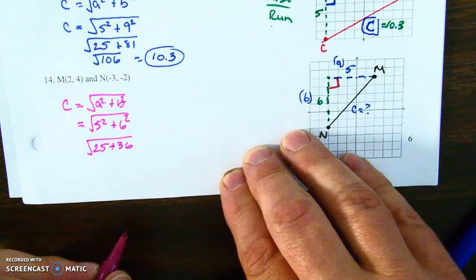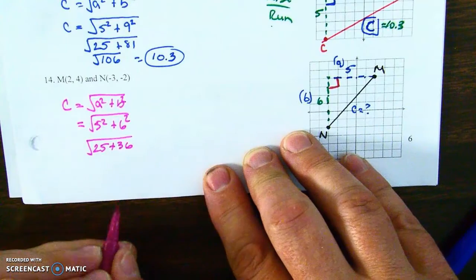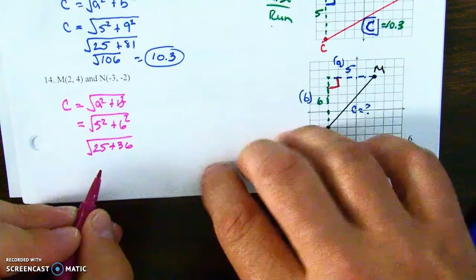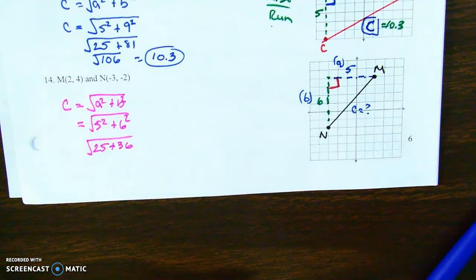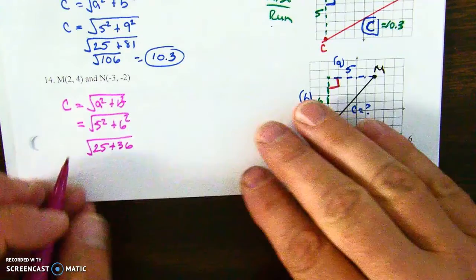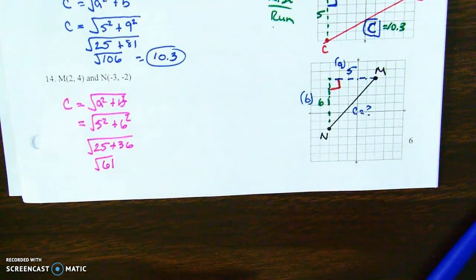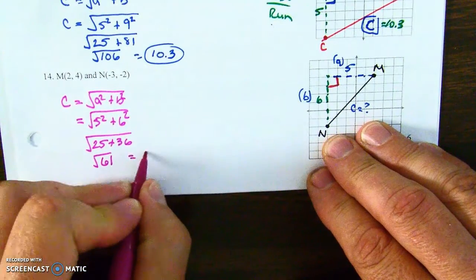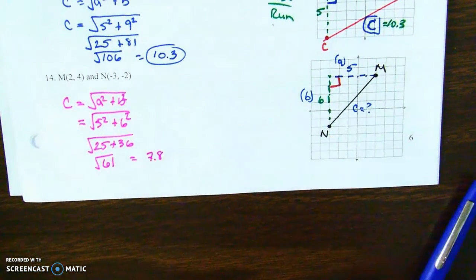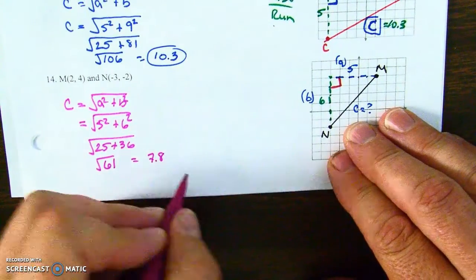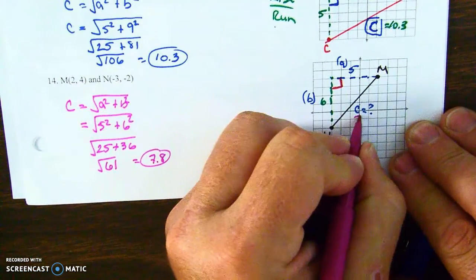And 25 plus 36 is going to give us 60 what? I think it's 61. Is that correct? Let me get my calculator and double check. 25 plus 36 equals 61. So we take the square root of 61, which gives us about 7.8 as our answer. So we can write in here 7.8.